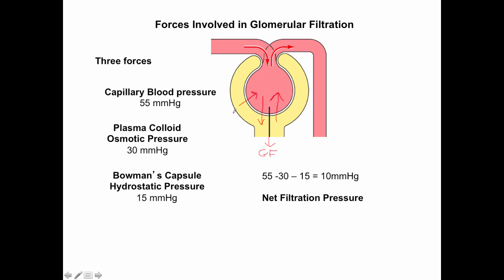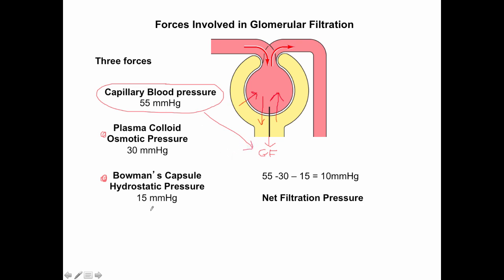You notice that we have 3 pressures. 2 of those pressures oppose glomerular filtration: plasma oncotic pressure and Bowman's capsule hydrostatic pressure. These 2 oppose glomerular filtration. And it's actually capillary blood pressure by itself that promotes glomerular filtration.